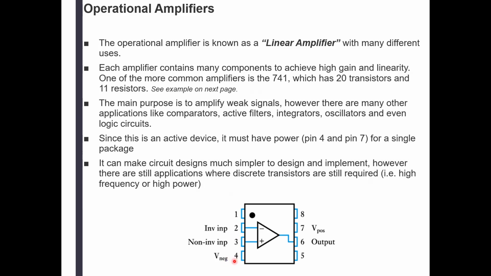And the point between positive 15 and negative 15 volts is going to be the midpoint, which should be 0. And we call it a virtual ground. Why do we call it virtual ground? Because it sits at the ground level as far as potential, but it's not necessarily electrically connected to the actual ground.